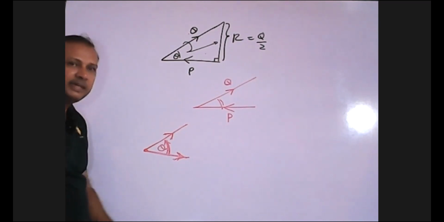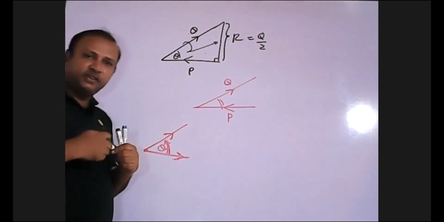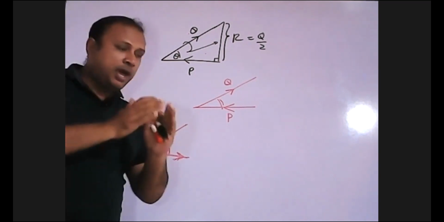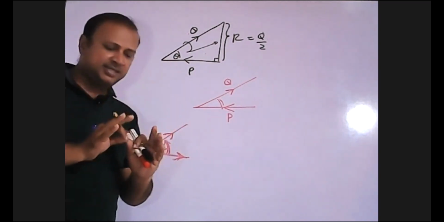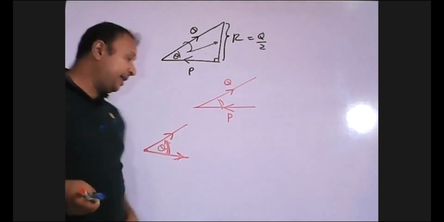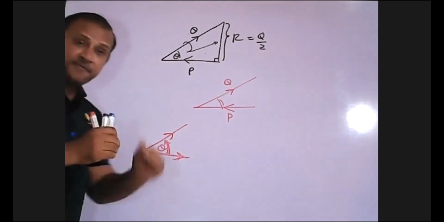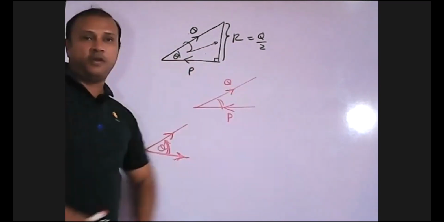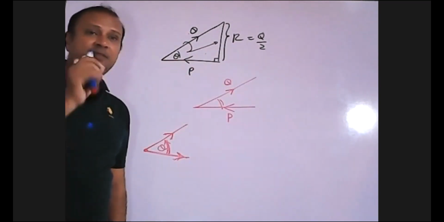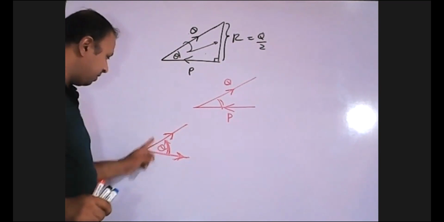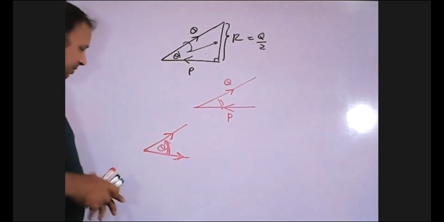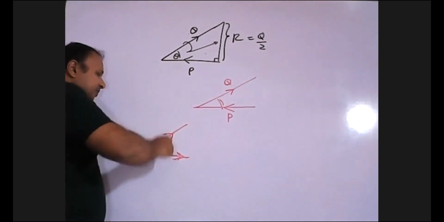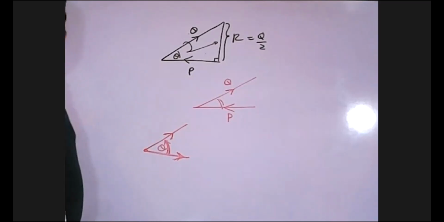Okay, that is the procedure. The first thing you have to do is arrange the two forces as if they are acting from the same point. That means the starting points of those two vectors should be the same. Then we can measure the angle between the two vectors.